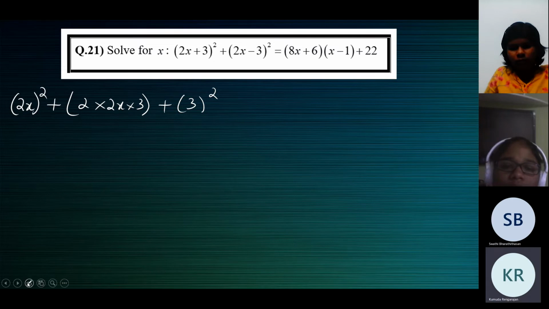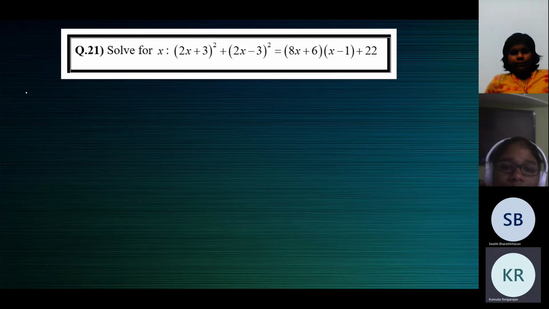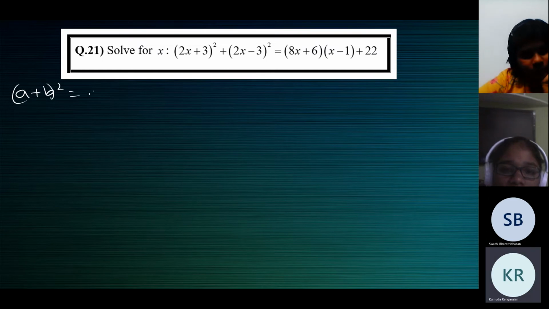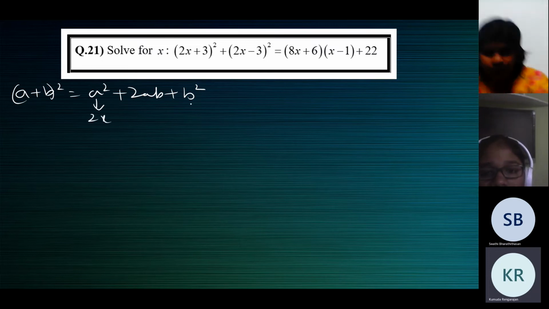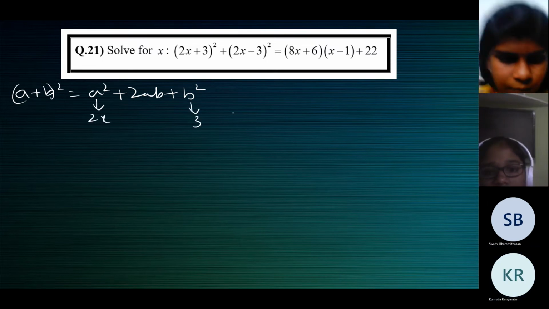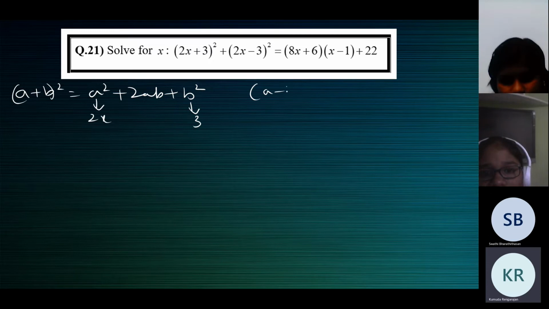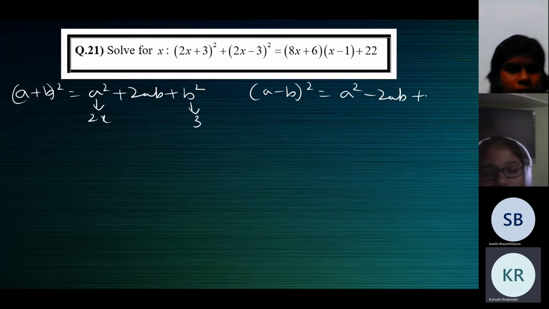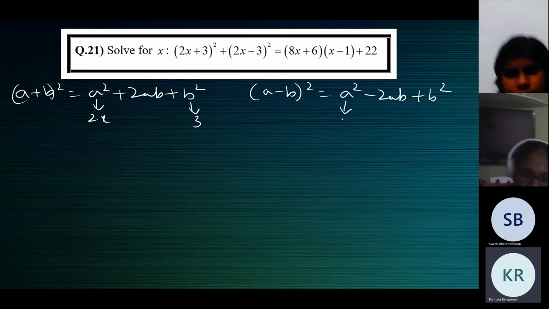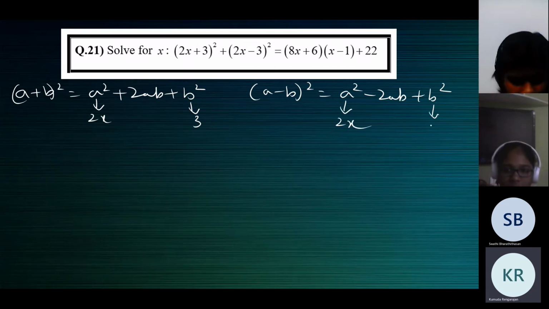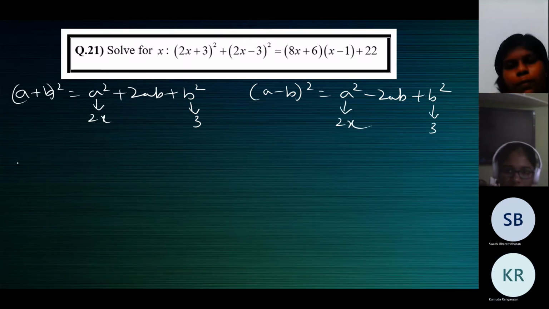Let me write the identity here for you. (A + B) the whole square is A square plus 2AB plus B square. So in place of A, you're going to use 2x. In place of B, you're going to use 3. And (A − B) the whole square is A square minus 2AB plus B square. In place of A, you're going to use 2x, in place of B, 3. Now see here.